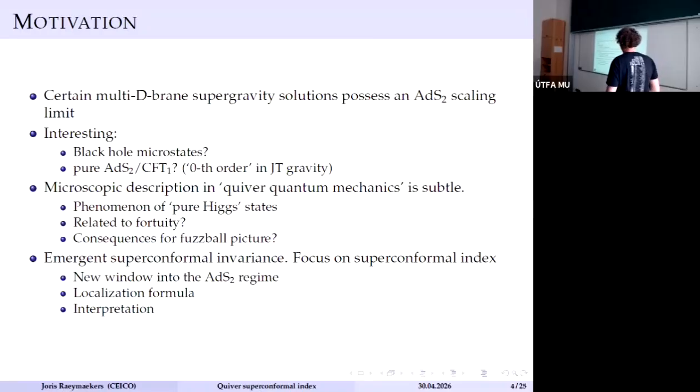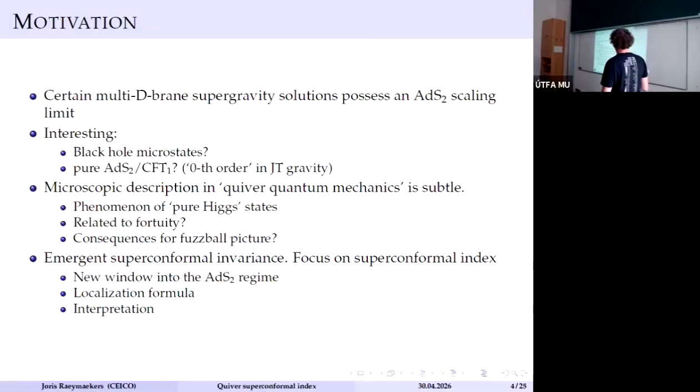And so I'm going to talk about a certain microscopic description coming from string theory, which is called quiver quantum mechanics. For these AdS2 solutions, the quantum mechanics becomes quite subtle. There's this phenomenon of states which you can see in a certain limit of the theory in the Higgs branch, but then when you go to the Coulomb branch, they seem to be no longer there.